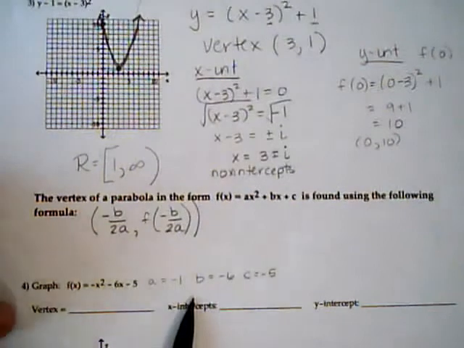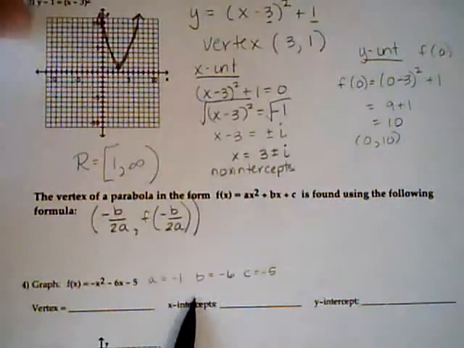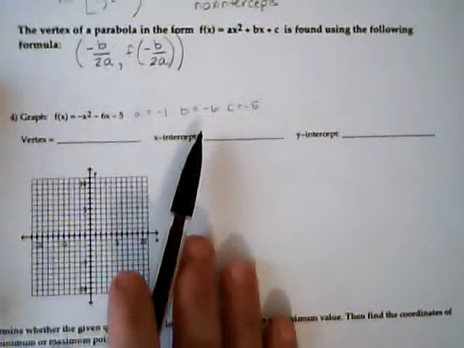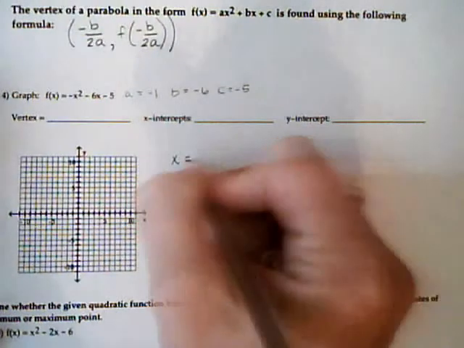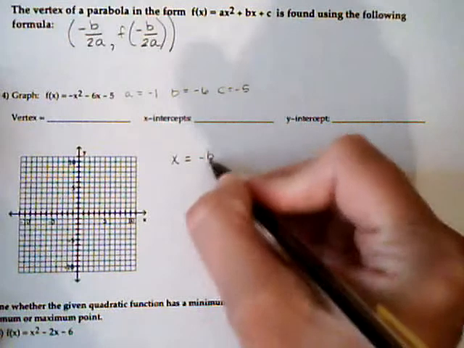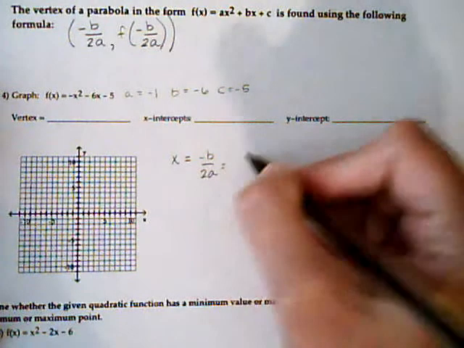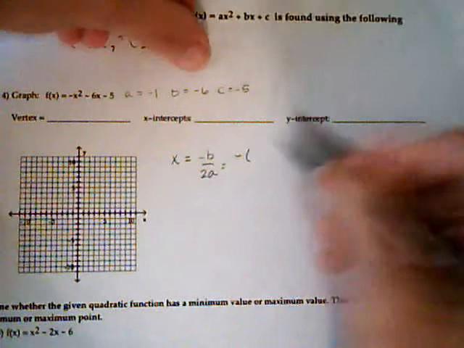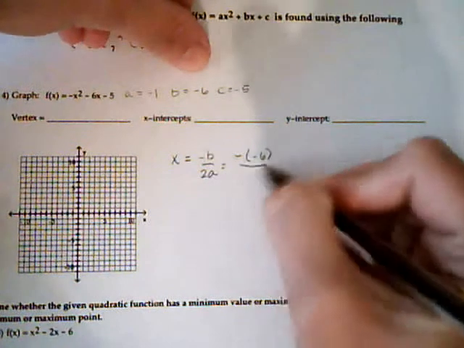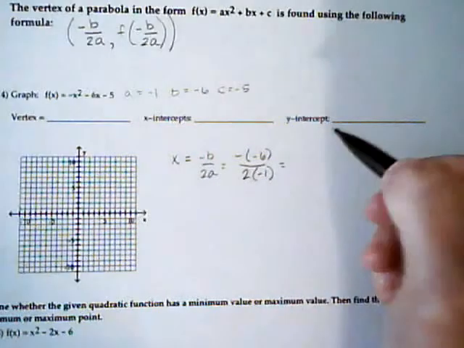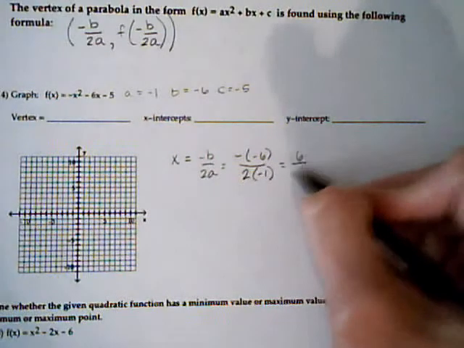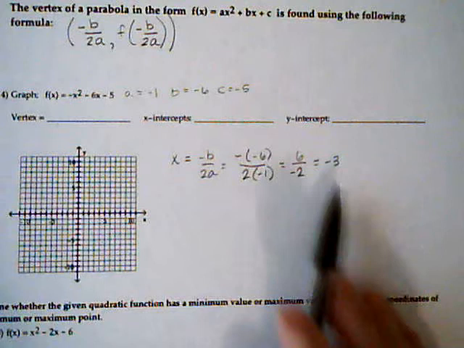So if I wanted to find my vertex, first I'm going to find the x coordinate. So x would equal negative b over 2a. So negative negative 6 over 2 times negative 1. That's my a value. So I get 6 over negative 2, which is negative 3.